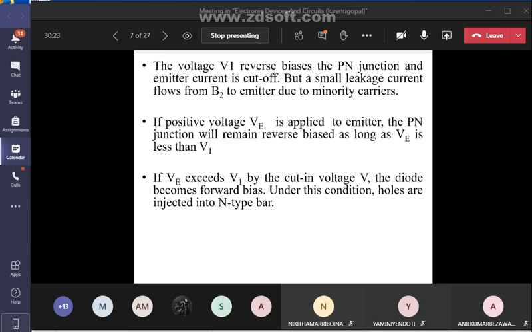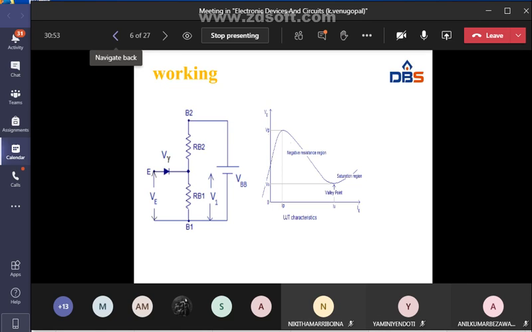If VE exceeds V1 by the cut-in voltage, the diode becomes forward biased. Under this condition, holes are injected into the N-type bar. These holes are repelled by B2 and are attracted by B1.